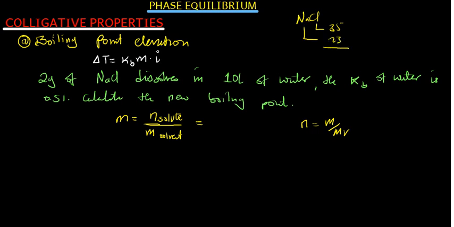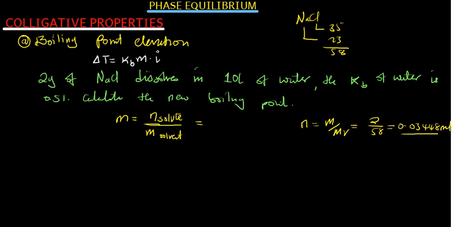Summing up, this will give us 58. That is the molar mass. So the number of moles is going to be 2 over 58, and that is going to give us about 0.03448. That is it. This is in moles.